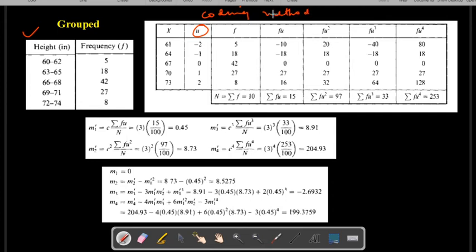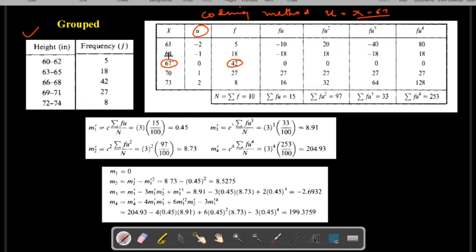So coding method means what? You have to do u equal to x minus something, what you have subtracted, and divided, as in the previous problems we have done. We have taken the maximum frequency class mark, that is 67. So you have to subtract 67 and divide by the common factor.